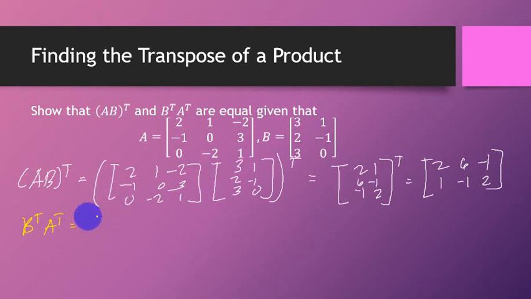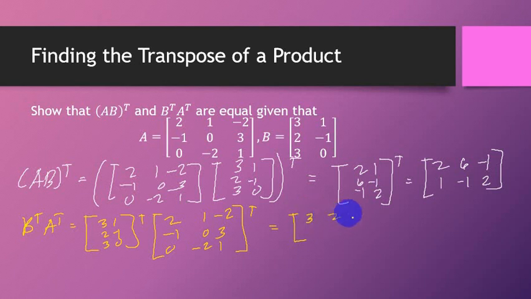So B transpose will be 3, 1, 2, negative 1, 3, 0, multiplied by 2, 2, 1, negative 2, negative 1, 0, 3, 0, negative 2, 1, transpose. So therefore, when we transpose that, we're going to have 3, 2, 3, 1, negative 1, 0. There you go.